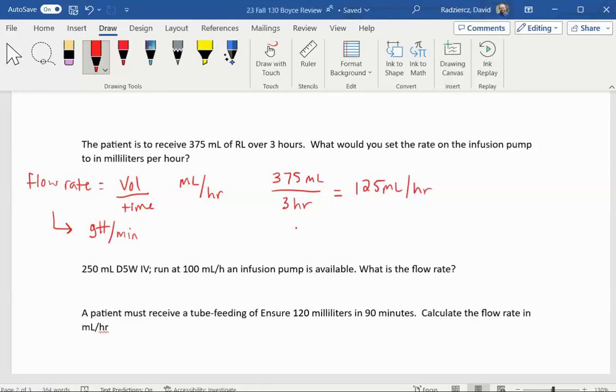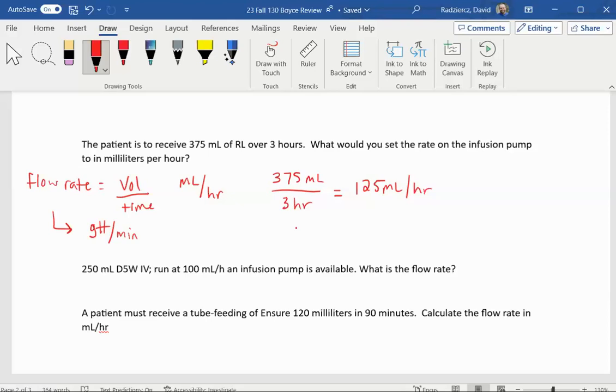There's nothing that we need to convert. We don't need to incorporate the day of the week, how long it's infusing for. We're just wondering, you have the patient set up, they've got an IV inserted. Your orders are to administer 375 milliliters of Ringer's lactate over 3 hours.